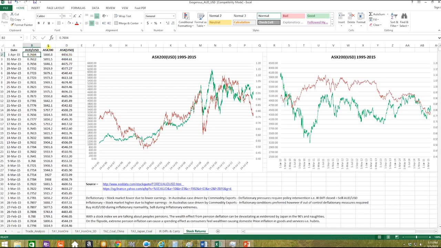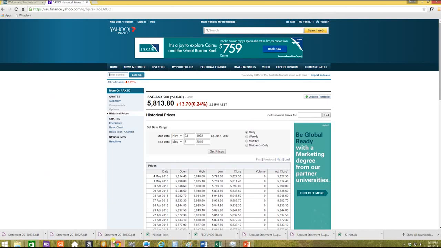For people that aren't aware of how you get this data, we'll show you how to do that now. If you just go into Yahoo Finance, you'll be able to navigate through the symbol field area, through the lookup area, and you'll be able to find the S&P ASX 200 by typing in this code.